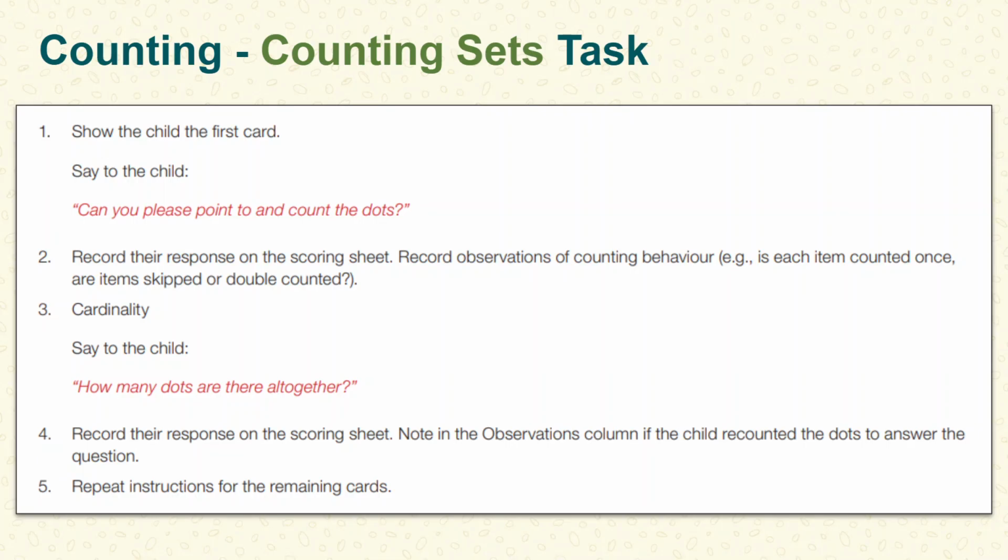If the student repeats the last number that they said while counting the dots, then you can observe that they understand the cardinality for those dots. If they go back to counting the objects one by one, they are showing you that they have not yet achieved cardinality for that set of dots. And you would repeat these instructions in the same way for the remaining dot cards.